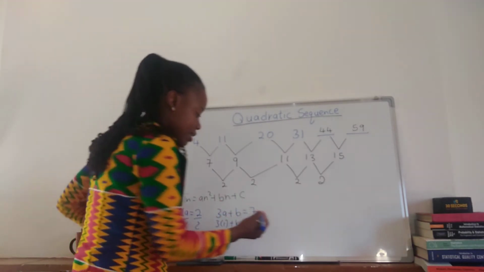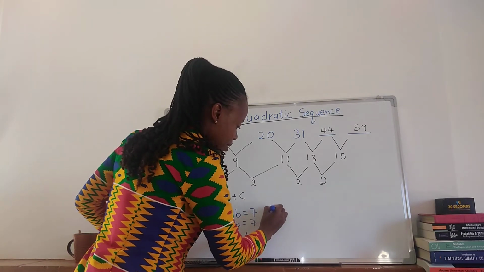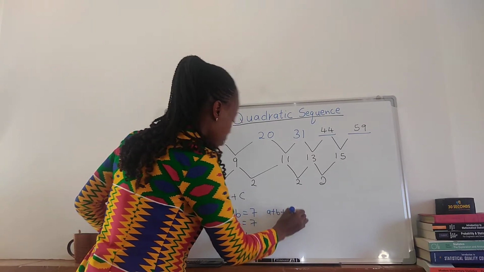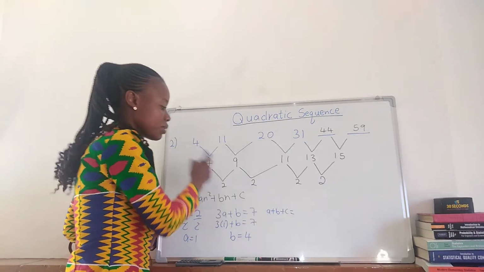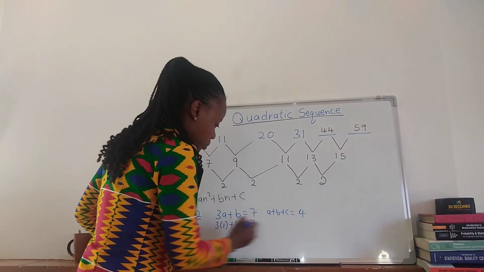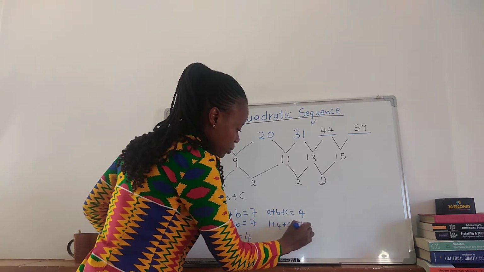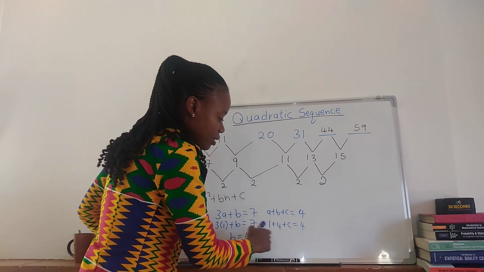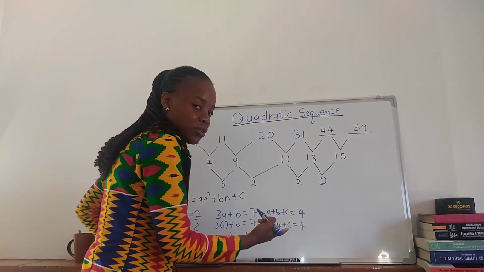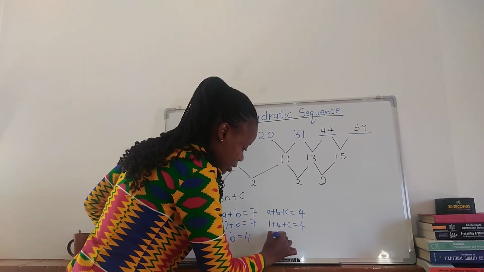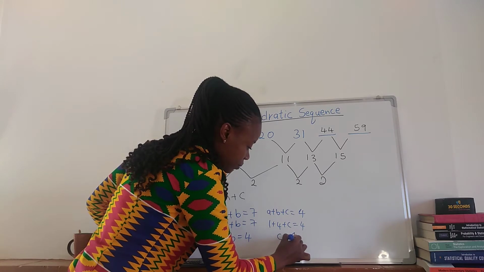Okay? And to find c, we say a plus b plus c equals the first term, which is 4. Our a is 1. We're going to have 1 plus 4 plus c equals 4. This is 5. C equals 4 minus 5, which means our c is negative 1.